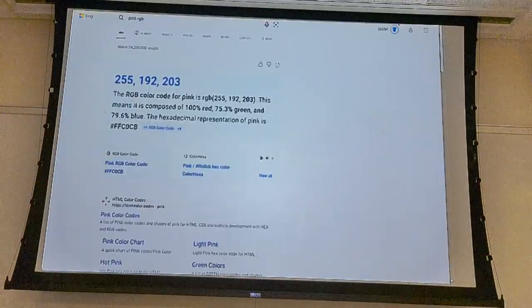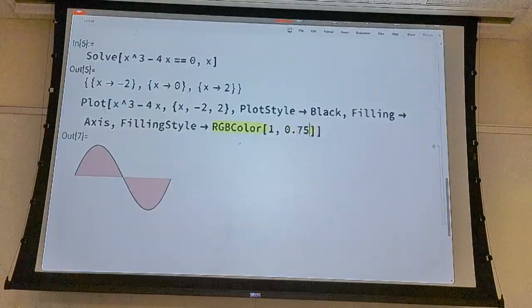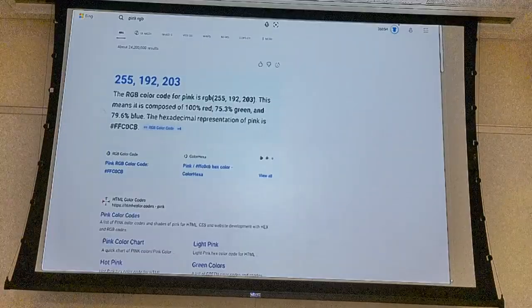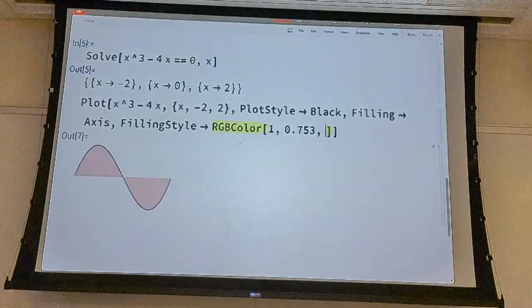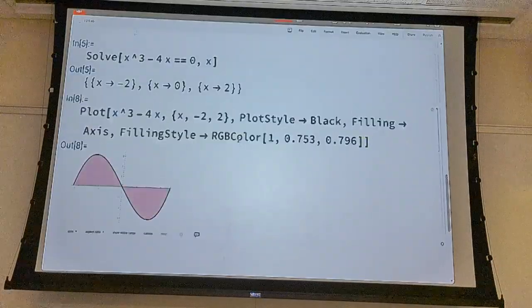It has to be as decimals, it wants proportions from 0 to 1, so it's going to be 1, 0.753. Do I trust that? And 0.796. That's nice.